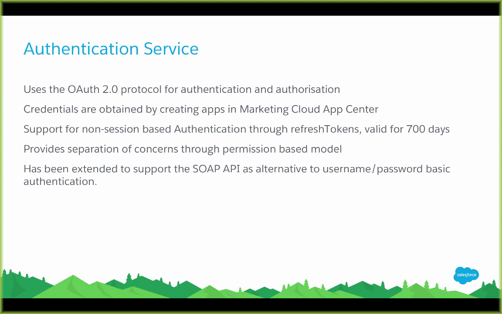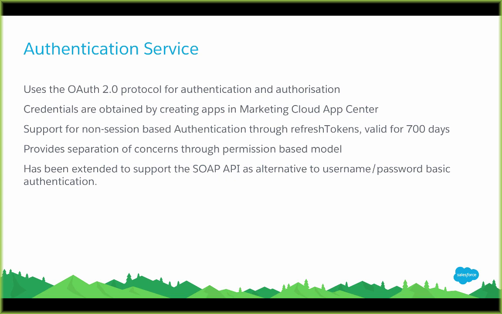There's also support for non-session-based authentication, for example, like a mobile application, and that's enabled through these refresh tokens, so that the access token's valid for 700 days, and then you can go and request a refresh token.